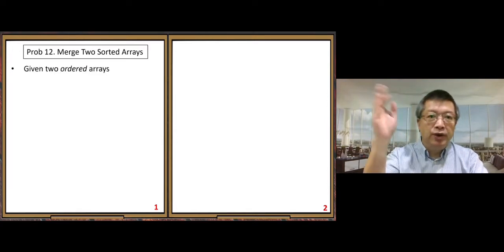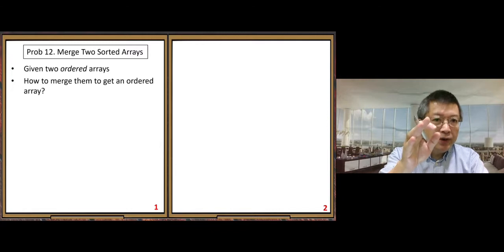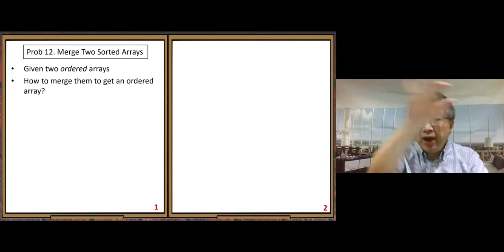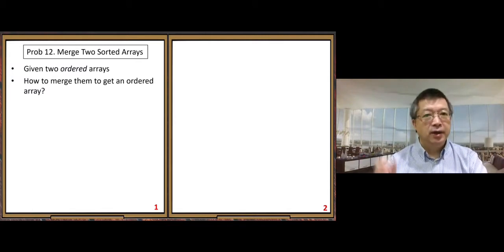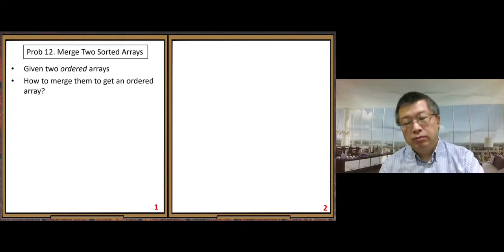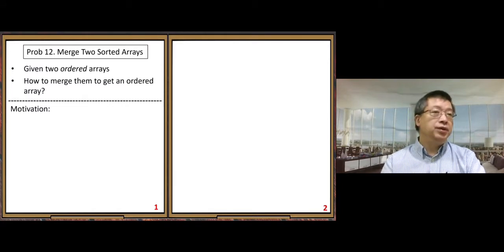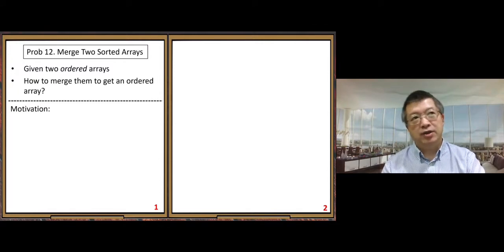Given two ordered arrays, how to merge them to get an ordered larger array containing the elements from those two ordered arrays. So that kind of simple, basic problem, why do we need to do this one? That's the question, right?